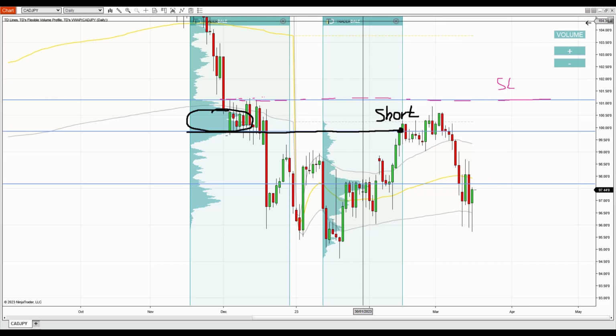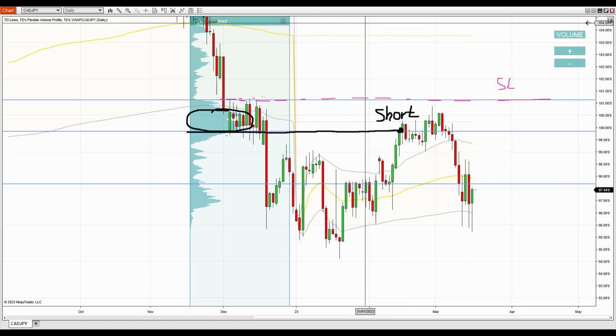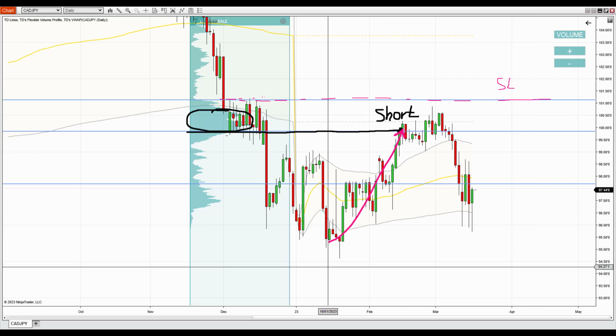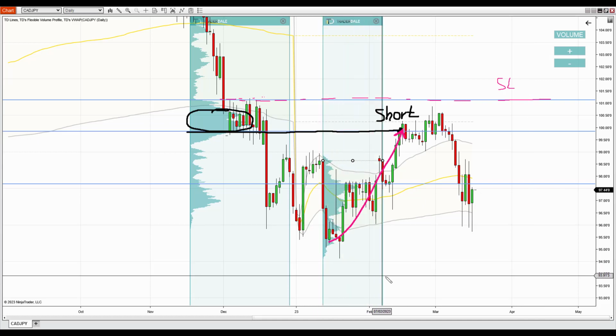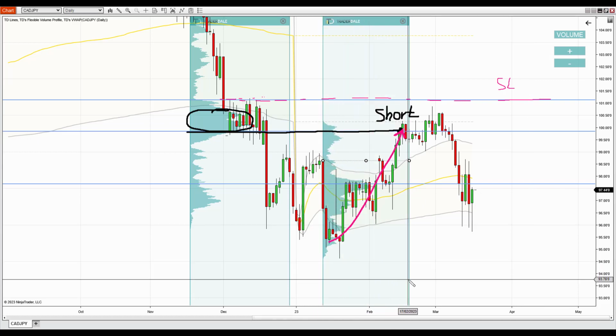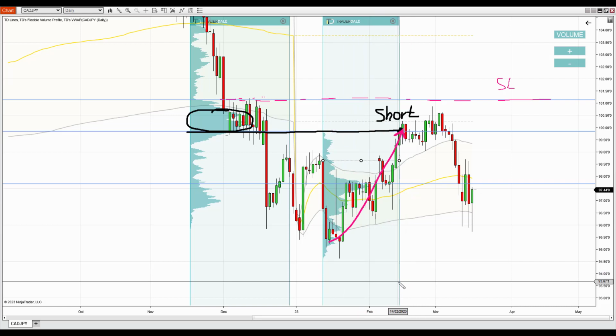So what you want to do is use the flexible volume profile over the area where the price was getting towards your short level, right? You need to see how volumes are distributed throughout this zone. So let me use the volume profile again and show you the volume distribution here, right?